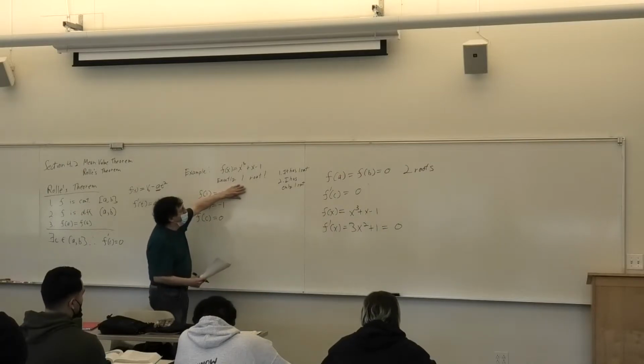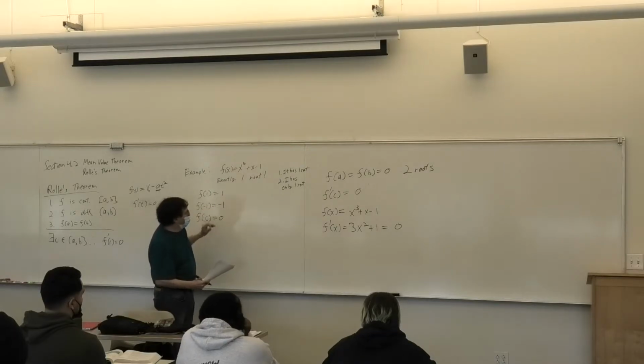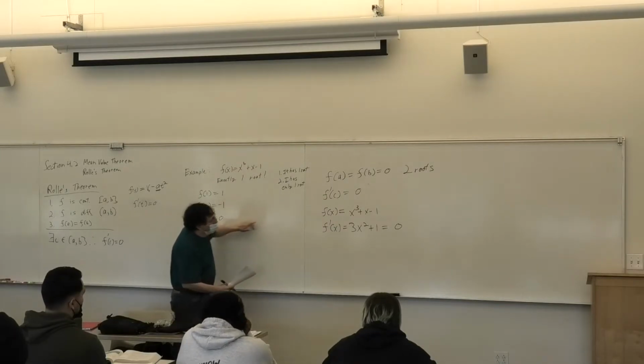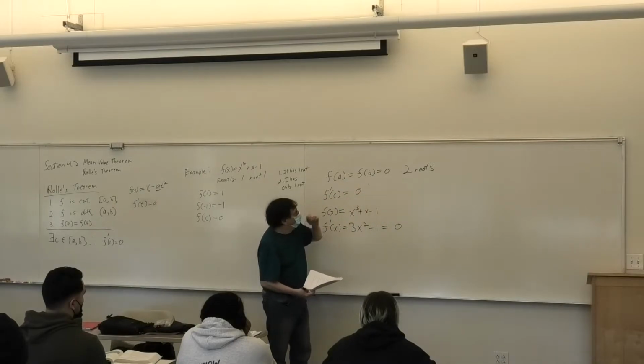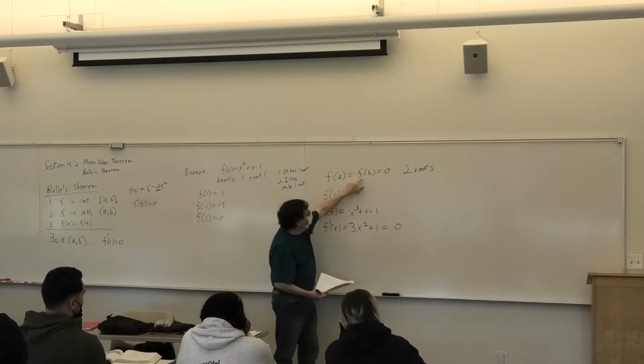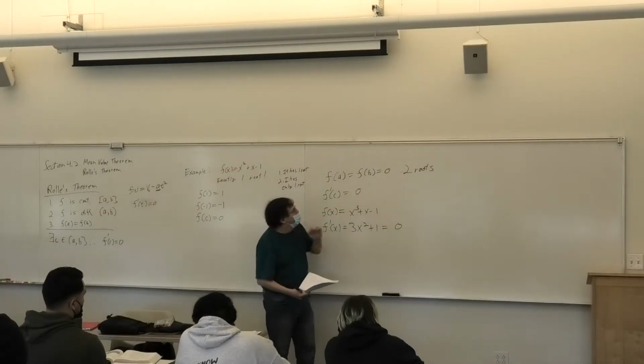This is what we're trying to prove, that it has only one root. We've shown it has one. We assume what we're trying to prove is wrong. We assume it has two roots. If it has two roots, this is the case. That's what a root is. F of a equals 0 is a root.